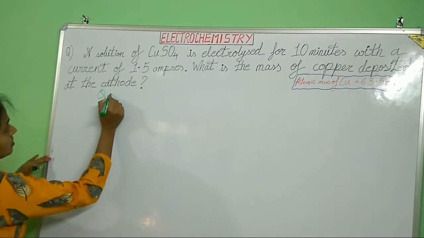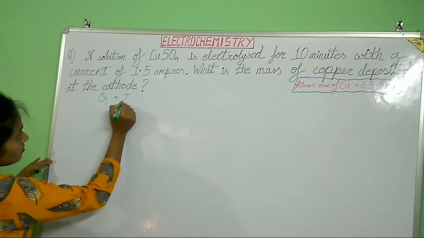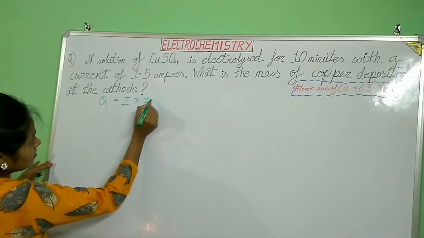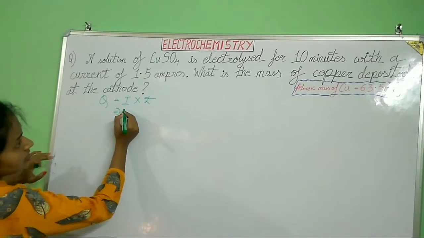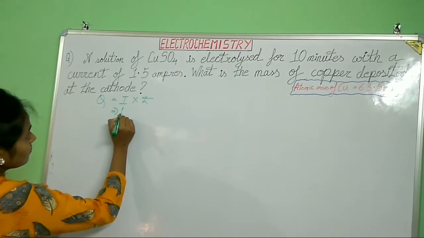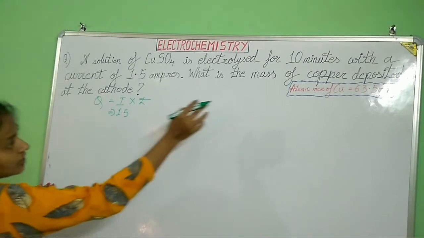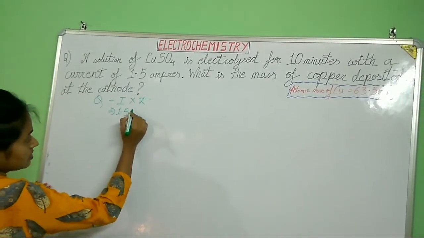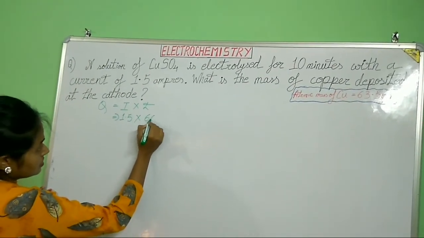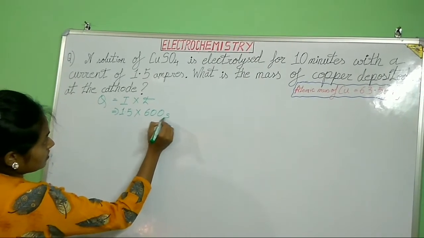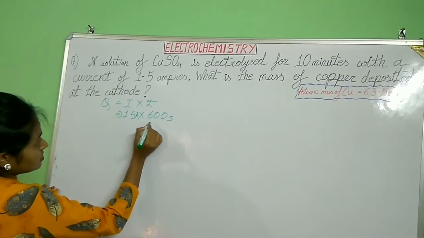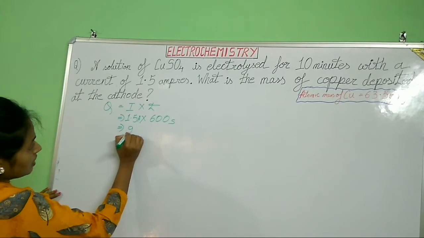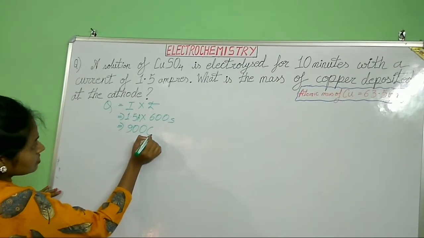Q denotes the charge, and it is current into time. How much current is being passed? 1.5 ampere, for how much time? 10 minutes. If we want to turn 10 minutes into seconds, it is 10 into 60, that is 600 seconds. So 1.5 ampere into 600 seconds will give 900 Coulomb charge.